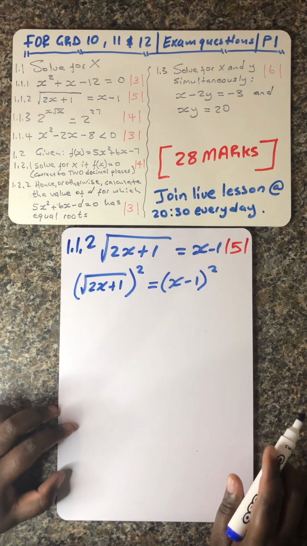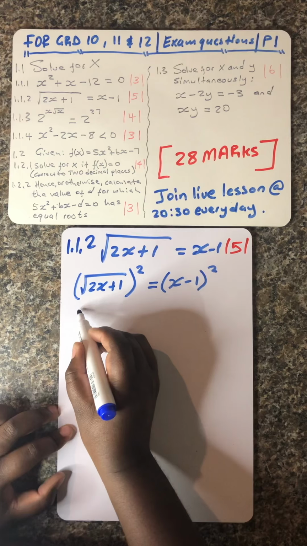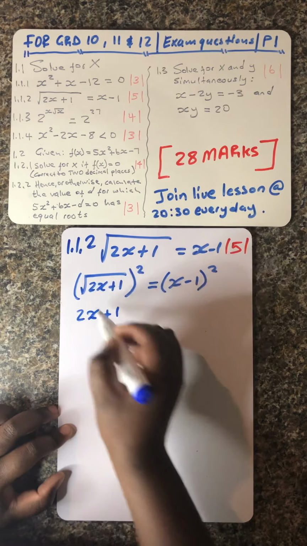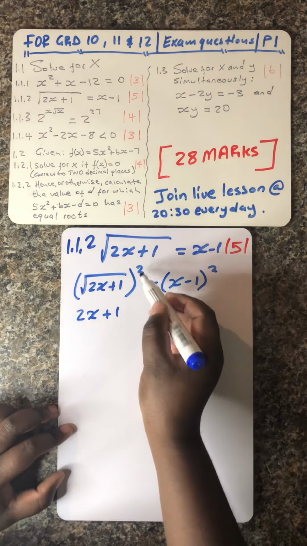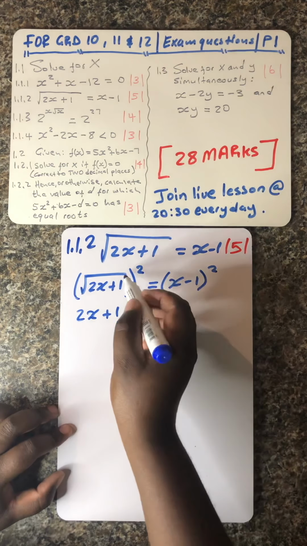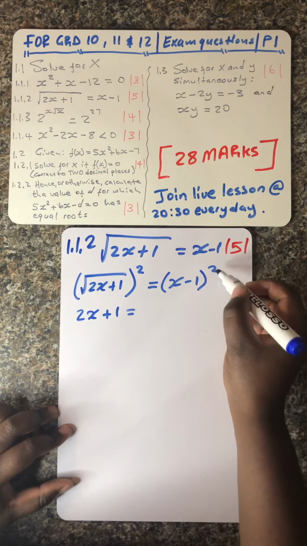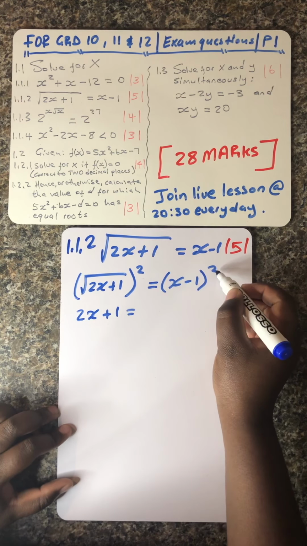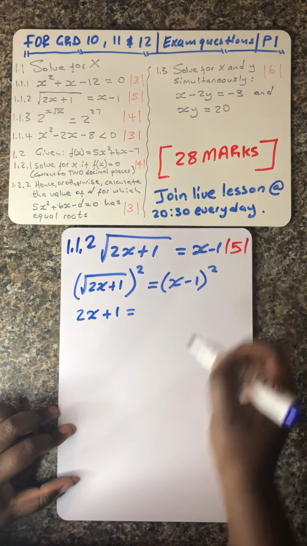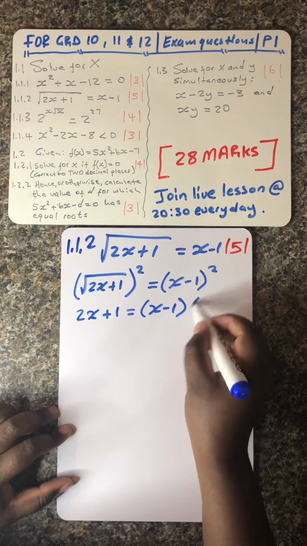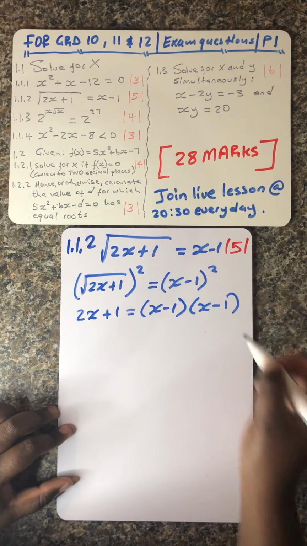So now you just write 2x plus 1, which is whatever is inside the square root, because by introducing that square you remove the square root. It equals the square on the right side, so you've got 2 of these: (x minus 1)(x minus 1).